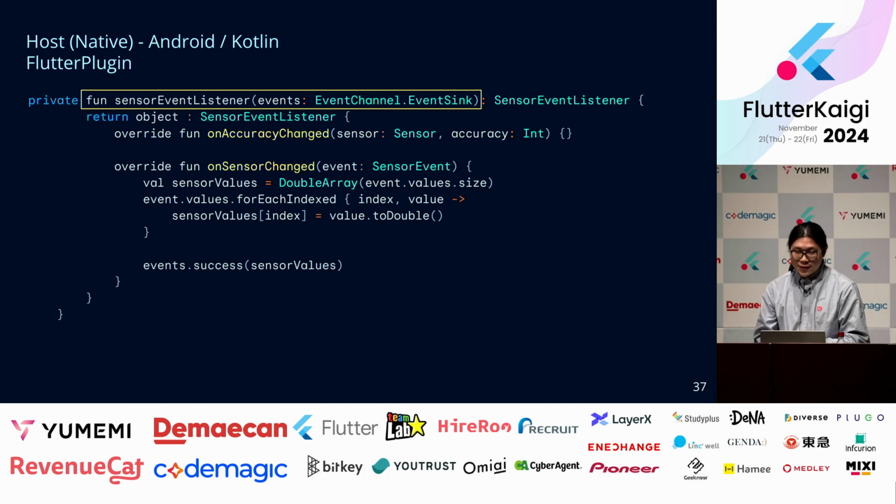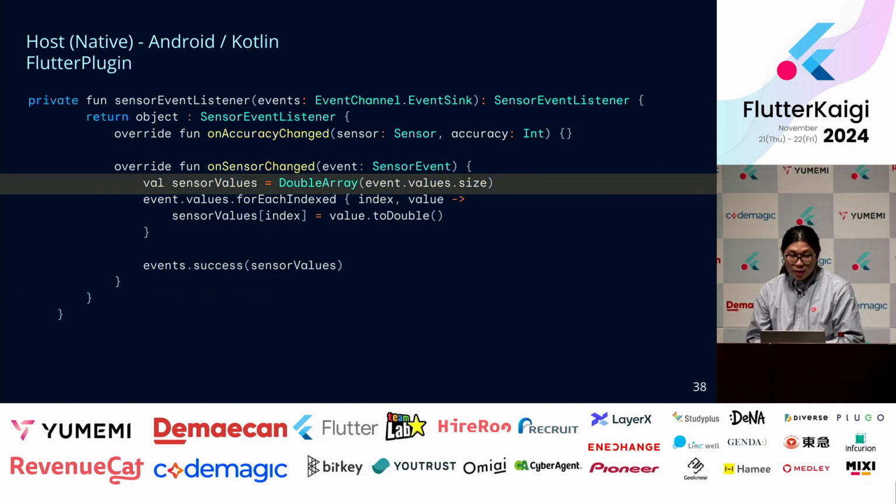This Kotlin code defines a private function named sensorEventListener that returns a SensorEventListener object. This is designed to monitor sensor events, process sensor data, and then send the processed data on the event stream. When the sensor data changes, the onSensorChanged method gets called, so you can receive the new sensor values.